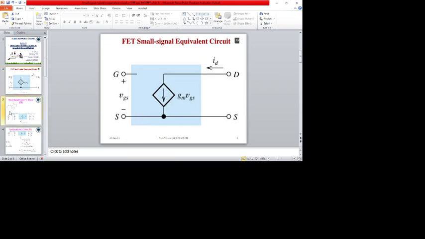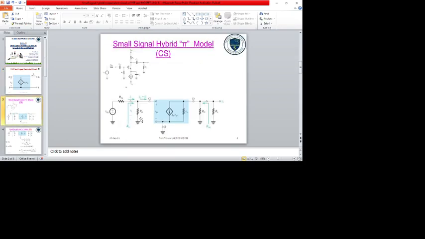Based on the terminals, we have three configurations. The first one is common source, the second one is common gate, then the third one is common drain.